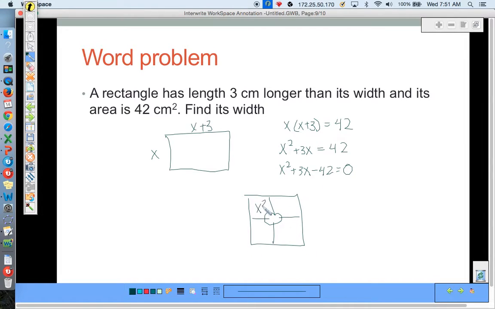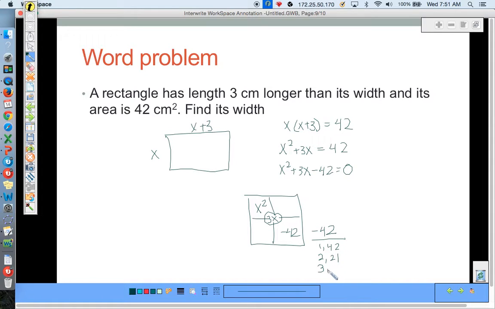And now we just have to factor this. So we have our x squared, 3x, and negative 42. If we multiply our a times c, we have negative 42. And we can start listing out those factors. 1 and 42, 2 and 21, 3, that divides in there. What's 42 divided by 3?